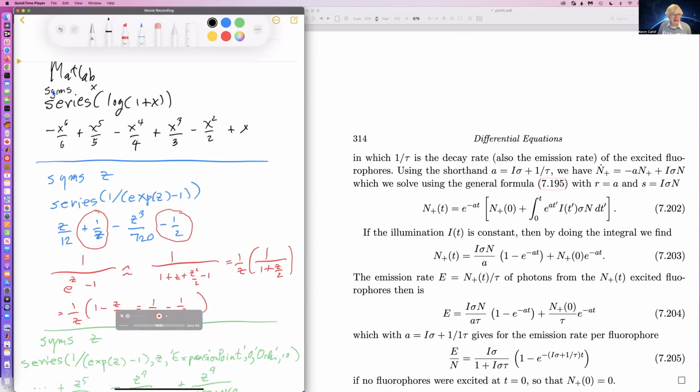Well, then you just say syms x. That's telling Matlab that x is a symbolic variable. And then you say series, and then whatever your function is, in this case, log of 1 plus x. And then it gives you this series.